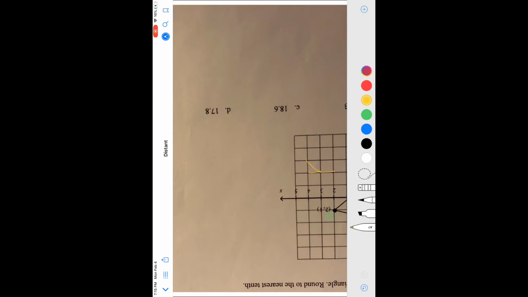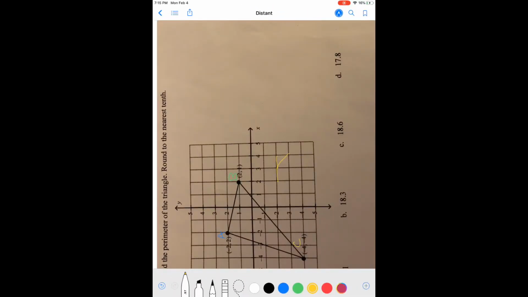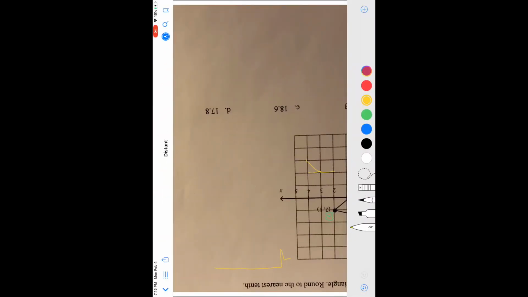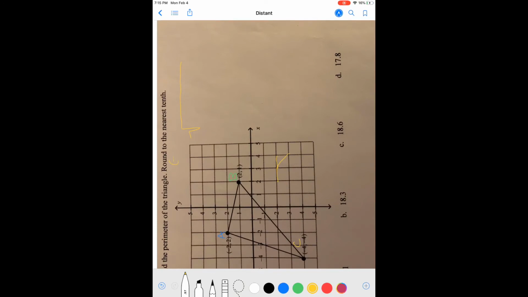So for the first one, we've got the square root of, we're going up from negative 2, 2 to 2, 1. So our x2 is 2 minus our x1, which is negative 2, squared, plus our y2, which is 1, minus our y1, which is 2, squared.